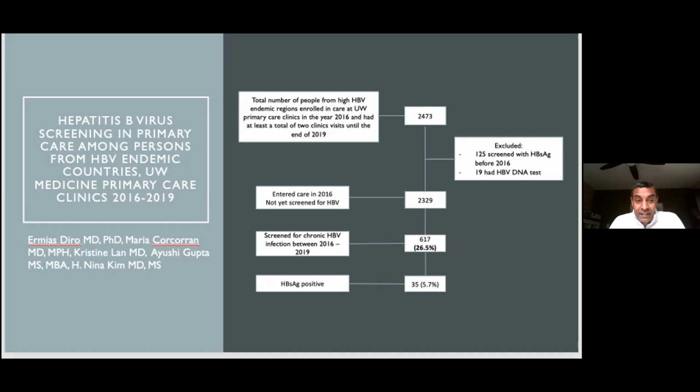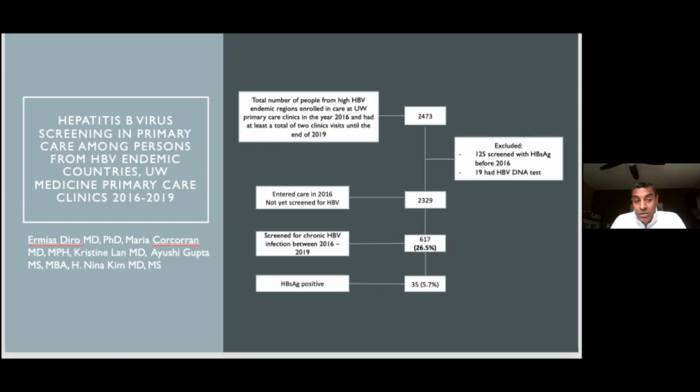We tried to identify people from intermediate and high prevalence regions by country of origin, country of birth, and primary language. We took adult patients enrolled in the UW primary care system in 2016 who had at least one more visit until the end of 2019, a 4-year study period.